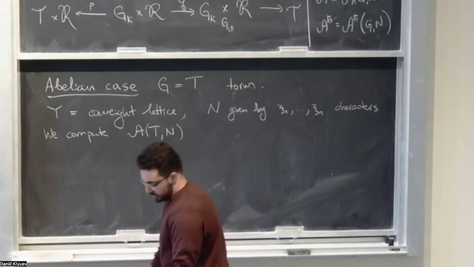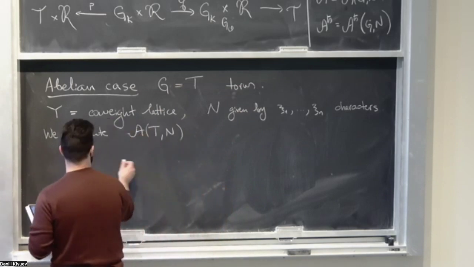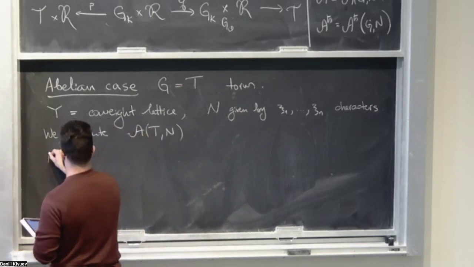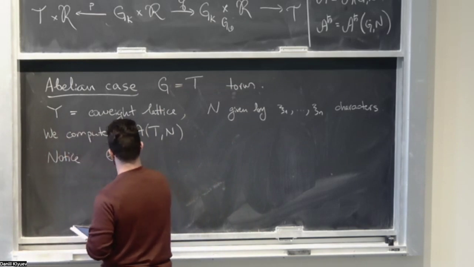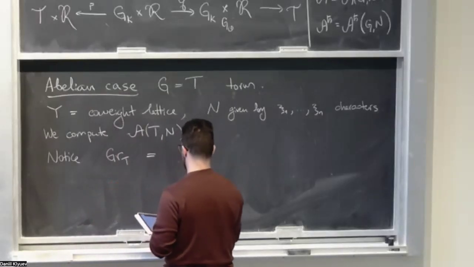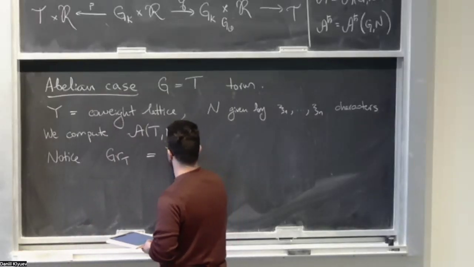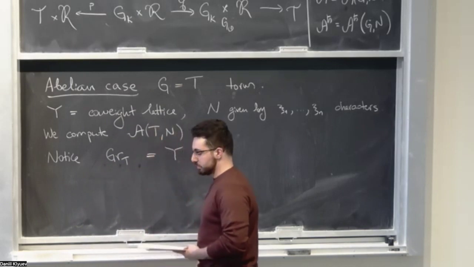Okay, how do we do this? Actually, you just do it explicitly. So the first thing to notice is T, up to nilpotence, is the cocharacter lattice. Maybe I should put T reduced as well.